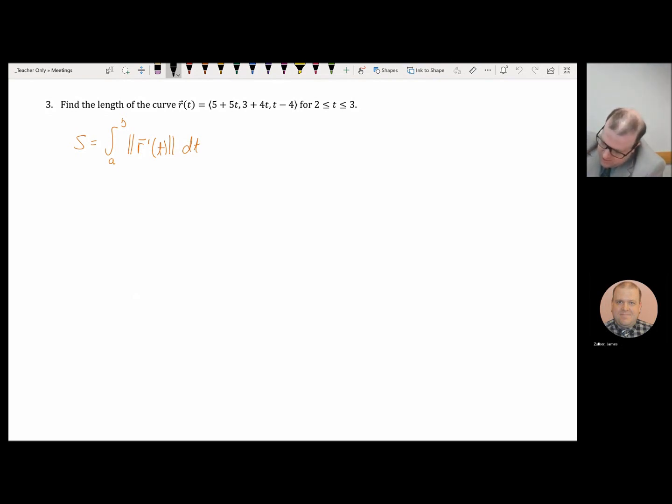Right, at the very end, you looked at arc length of parametric curves. It was the integral from a to b of the square root of the derivative of the x component squared, plus the derivative of the y component squared. In space, add that additional z component, but that is precisely the magnitude of the derivative of the vector, right? So same formula, we're just simplifying it.